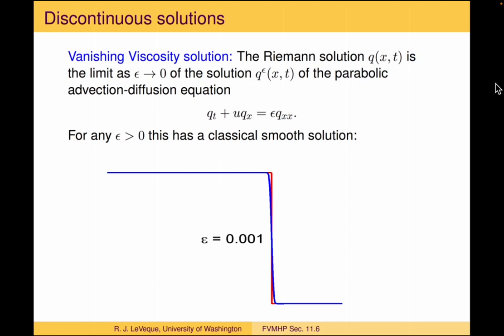This approach is what is often called the vanishing viscosity solution for fluid dynamics, and we'll use this when we look at shock waves down the road. Okay, well, that was a quick overview of the way that hyperbolic conservation laws and some other conservation laws are derived, and also source terms in the case where we have balance laws.